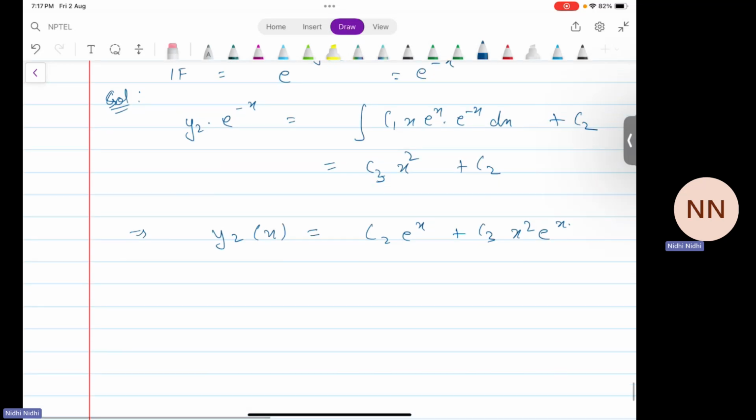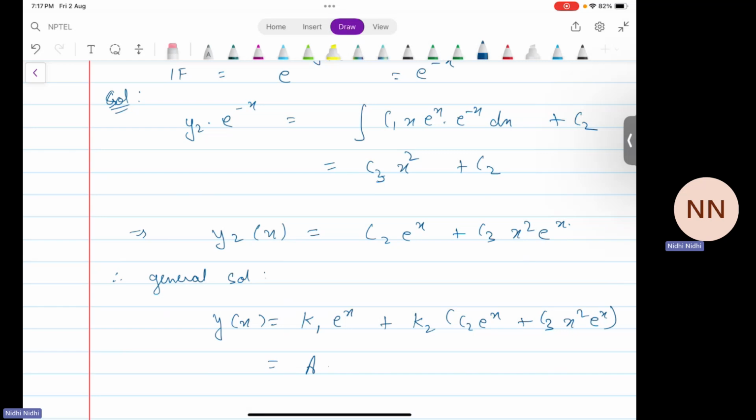Therefore, our general solution is y(x) equal to k1 times y1(x). y1(x) was e to the power x, plus k2 times (c2 e to the power x plus c3 x squared e to the power x), which can be clubbed together and we can write it as a e to the power x plus b x squared e to the power x.